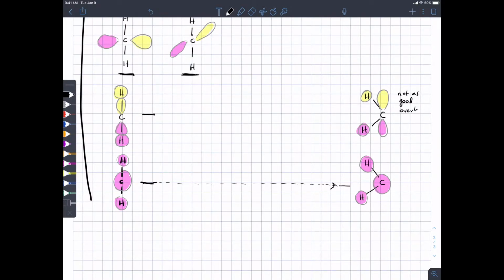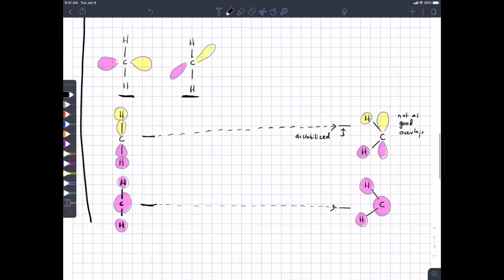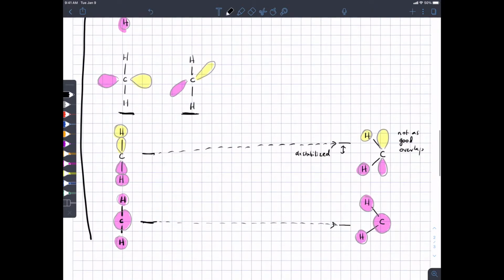So based on our QMOT principles, this is going to go up in energy, and I don't know by how much, but probably by more than the lowest one goes down. Okay, so that's a destabilization upon changing geometry. But that's not the whole story.